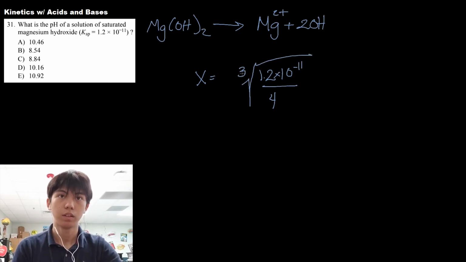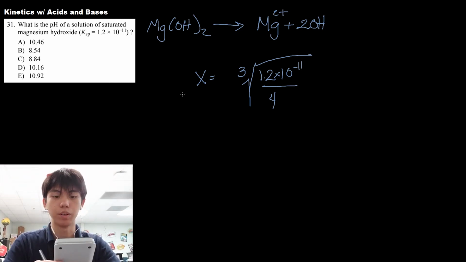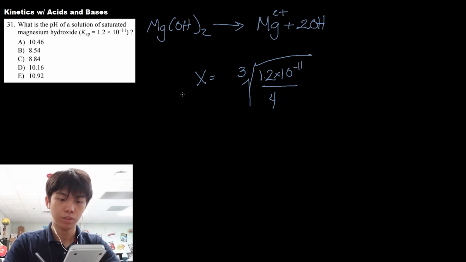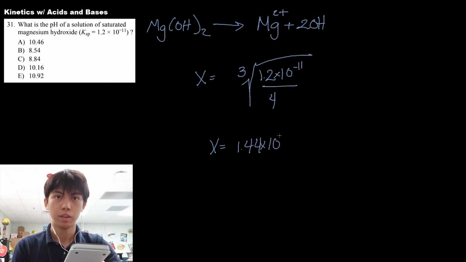Okay, and let me just pull out the calculator real quick and see what it equals. 1.2 times 10 to the -11th divided by 4, and take the cube root of this. And x is equal to 1.44 times 10 to the -4 here.